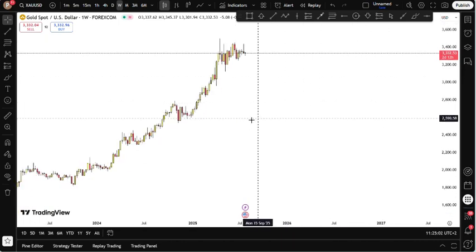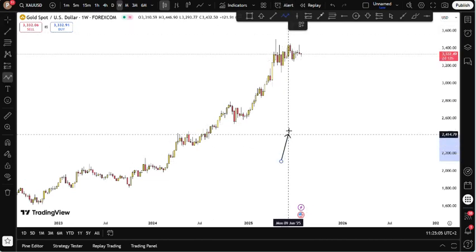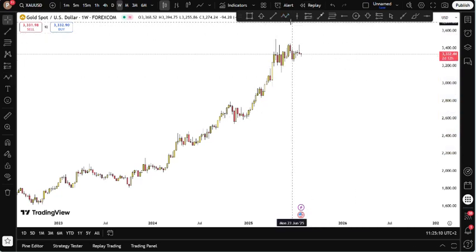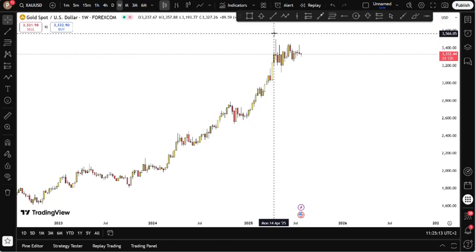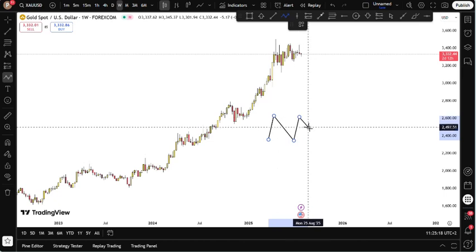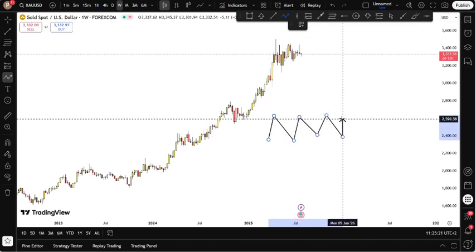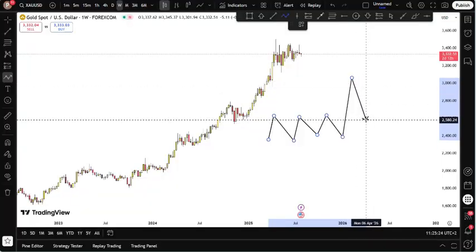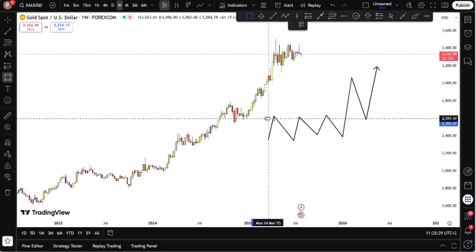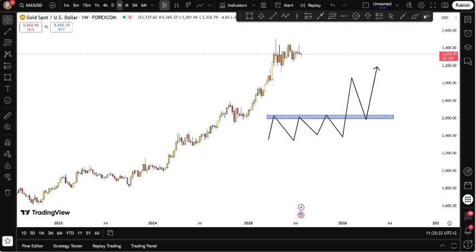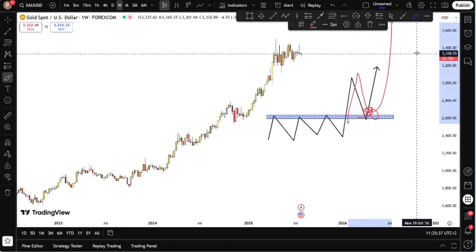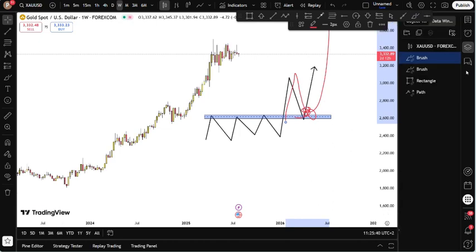As I was saying, gold is either in an uptrend like that, or there are uptrends, downtrends, and consolidations, which you can also call sideways price action. And then there will be a break, and then there will be a retest. Gold is very bullish, so whenever it consolidates, after that consolidation we will have a break above, a retest, and then continuation. Simple as that.